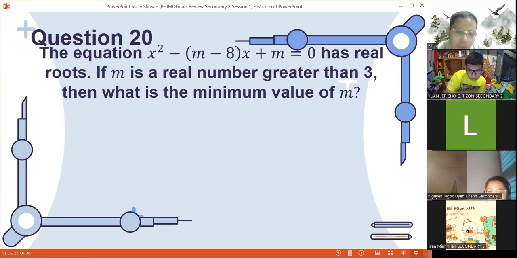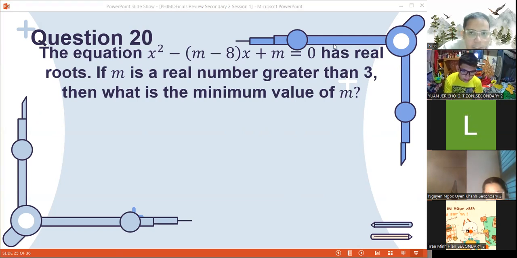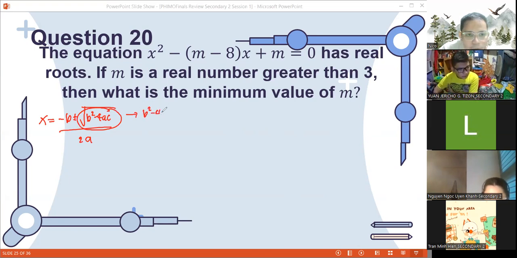The equation x squared minus quantity of m minus 8 times x plus m is equal to 0 has a real root, meaning in your quadratic formula, negative b plus or minus square root of b squared minus 4ac over 2a, if it's a real root, this one here will become b squared minus 4ac is greater than or equal to 0.